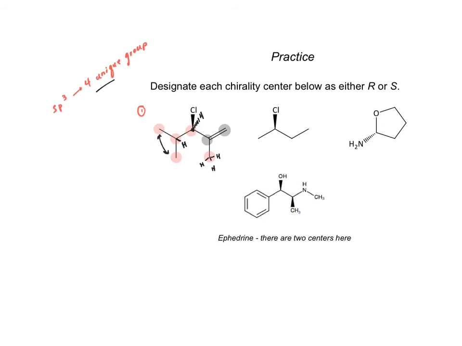So that's 1, 2, and then this is a carbon, this is a carbon, but these guys are not the same thing, right? This and this are different, and so because of that, these are the 4 unique groups, because those 2 substituents coming off that carbon are different, okay? So this is our chiral center that we need to assign configuration for.